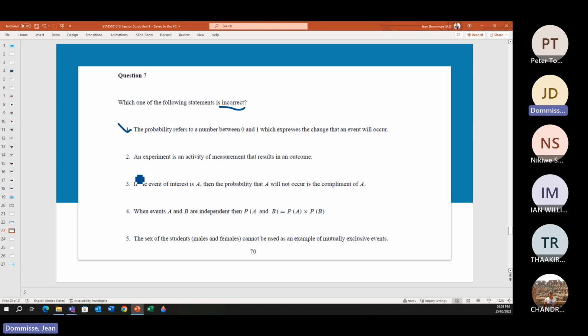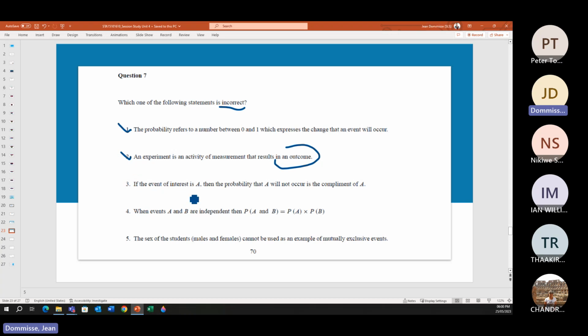Option 2, an experiment is an activity of measurement that results in an outcome. Correct. They don't tell us what the outcome is. They just say there will be an outcome. So if you do an experiment, the outcome will be true or false. They don't tell us what the outcome is. So again, correct.